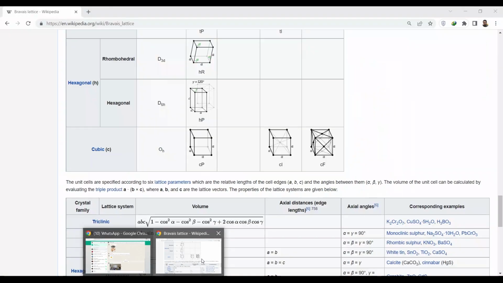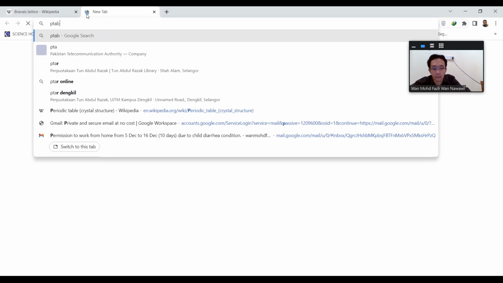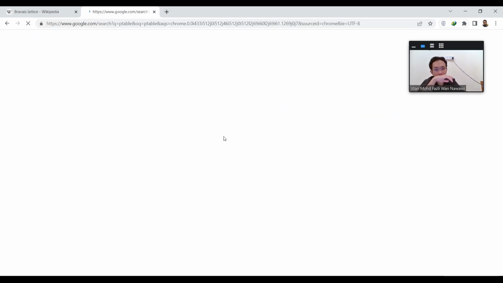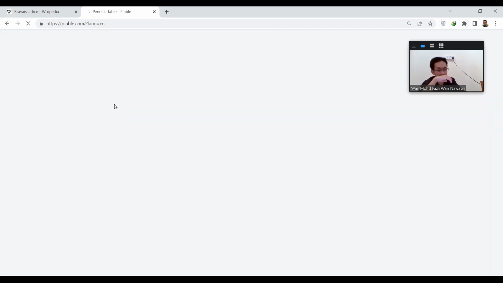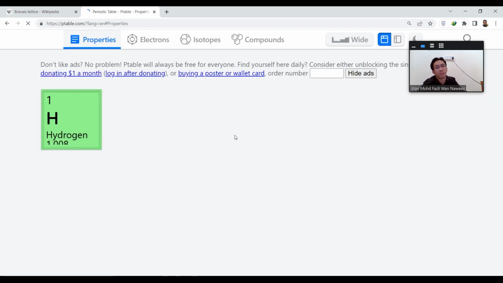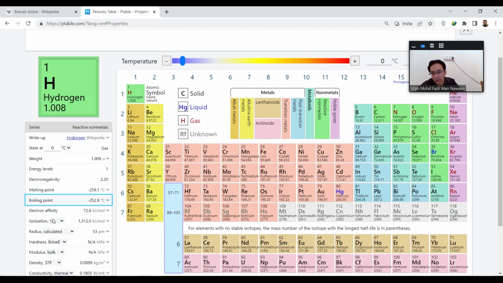So let's take the periodic table, and then we see the difference between chlorine and sodium in terms of size. Let's go to the radius.